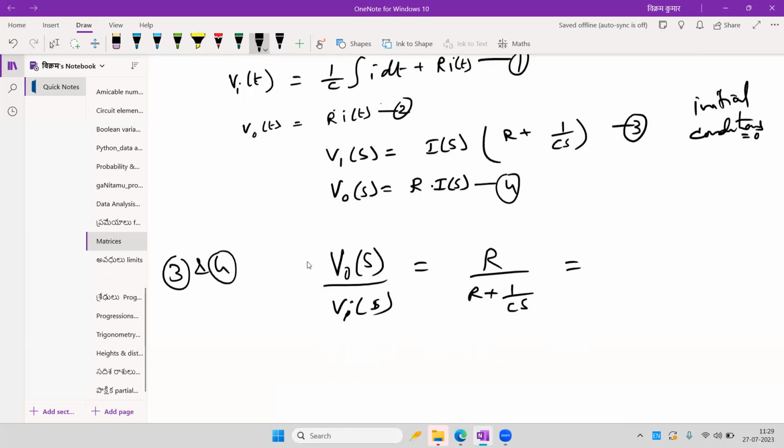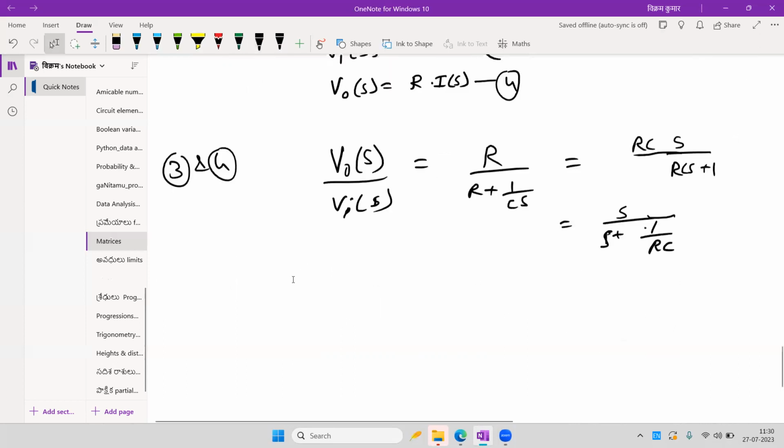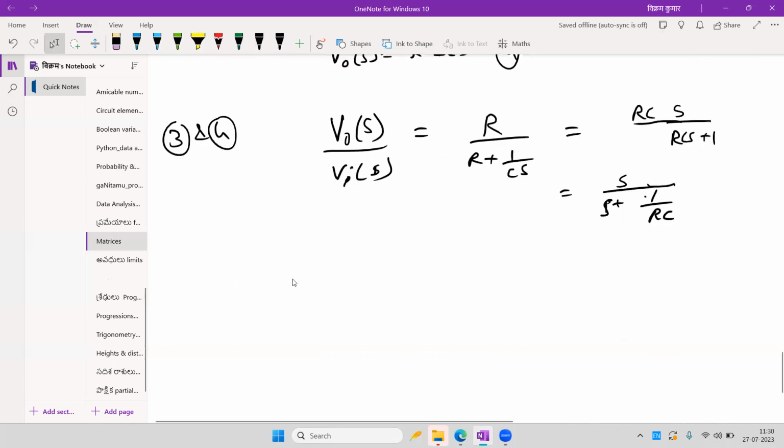That is nothing but RCS by RCS plus 1. Now, if I take RC common, it will become S by S plus 1 by RC. This is your output.